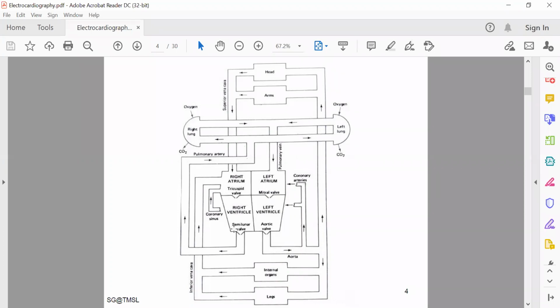In the alveoli of the lungs, there is gas exchange. The red blood cells are recharged with oxygen and give up their carbon dioxide.